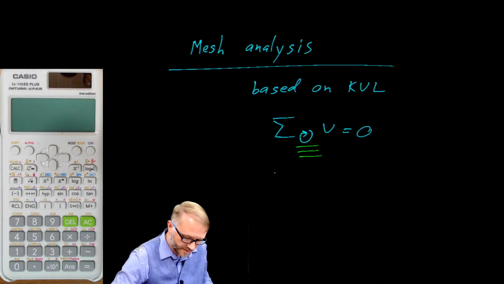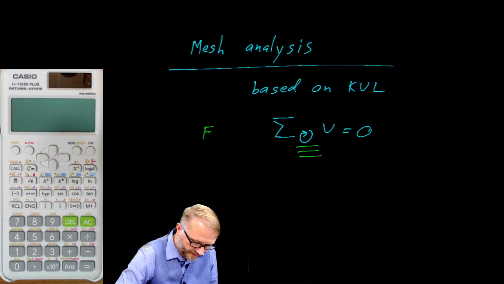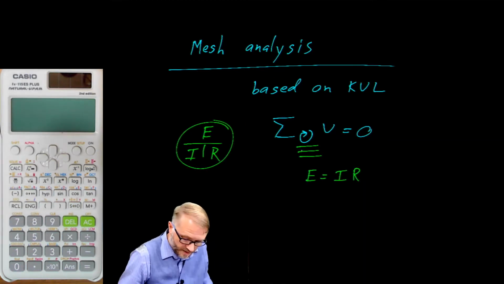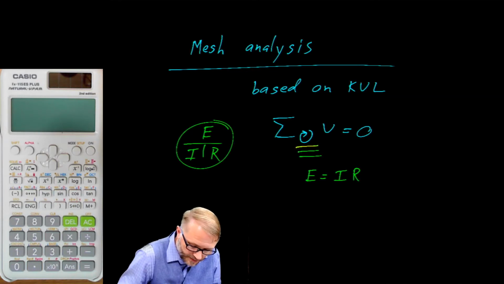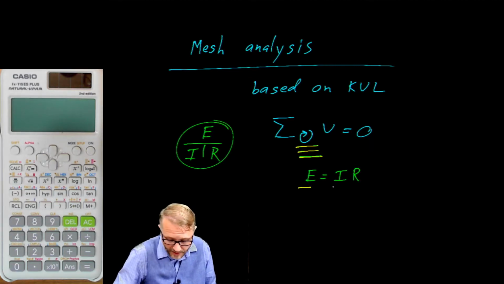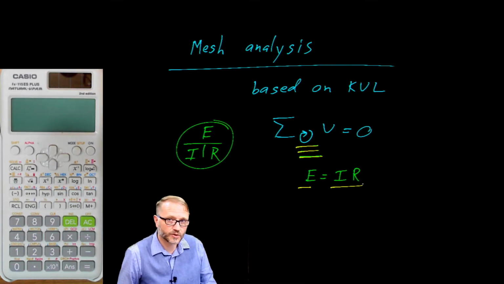Something else you need to remember is Ohm's law: voltage, current, resistance, and the voltage is a current times a resistance. These two facts, the fact that we are talking about loops and the fact that voltage can be expressed as the product of a current and a resistance, are critical to understanding mesh analysis.